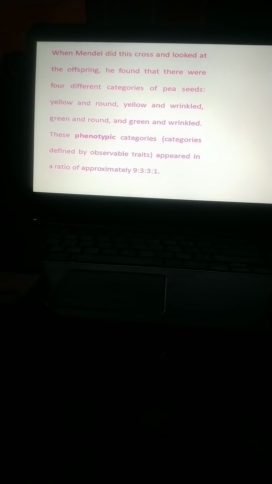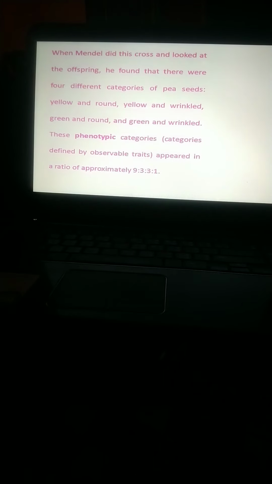When Mendel did this cross and looked at the offspring, he found that there were four different categories of pea seeds. Number one, yellow and round, 9. Number two, yellow and wrinkled, 3.